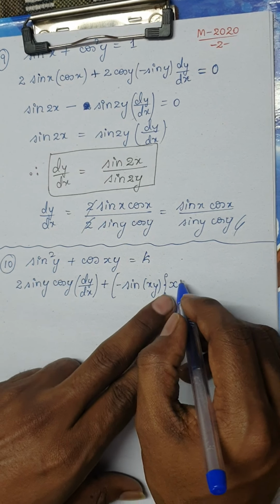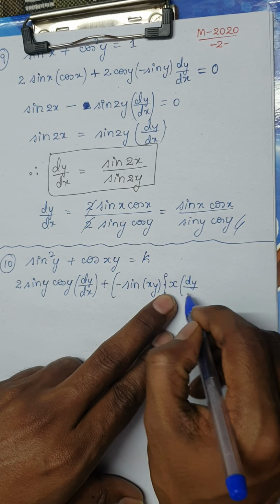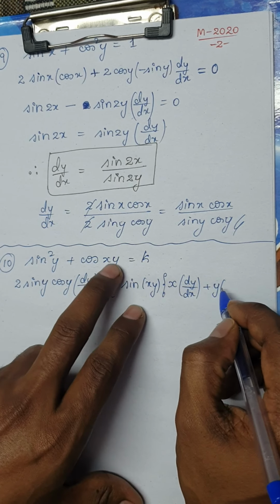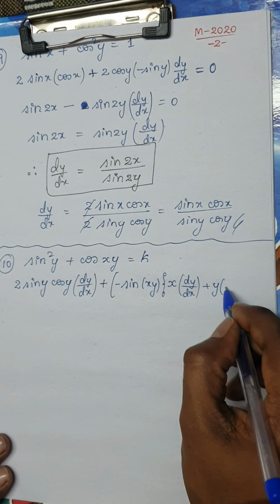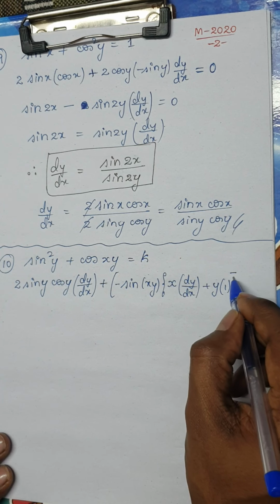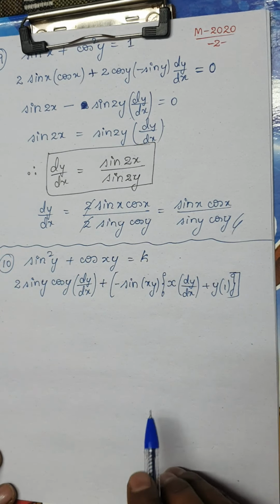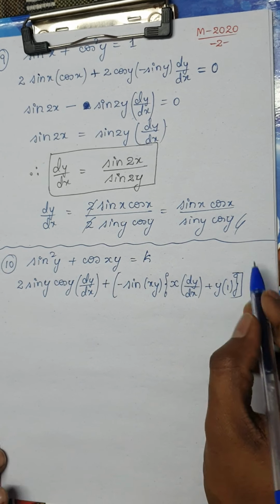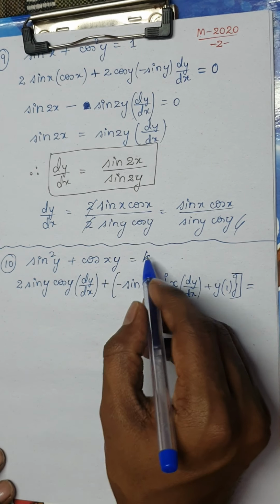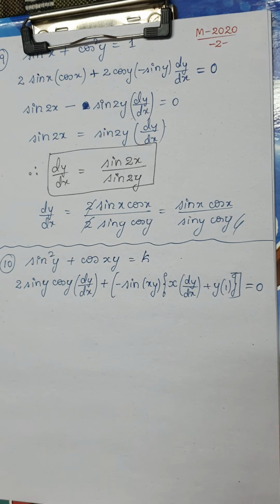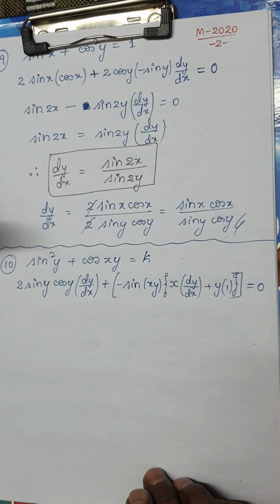So it is x into derivative of y is dy by dx plus y into derivative of x is what? Derivative of x is 1. So this will conclude my left hand side derivative. Okay, please be careful. You need practice in solving this question. This is equal to kappa is a constant. You can write it 0 because derivative of a constant is 0.